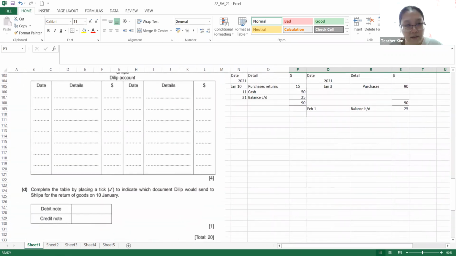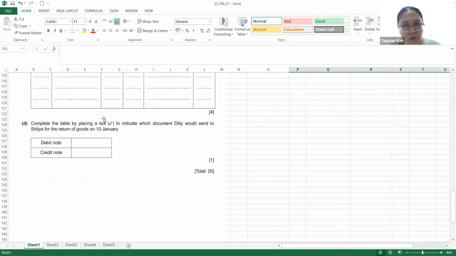Okay, here I think you all got it right, if I'm not mistaken, this one. Complete the table by placing a tick to indicate which document Dilip sent to the shipper for the goods returned on 10 January. This one is a credit note, okay?